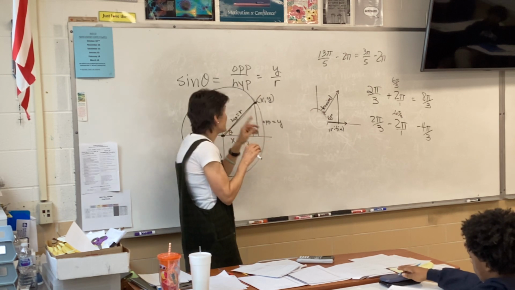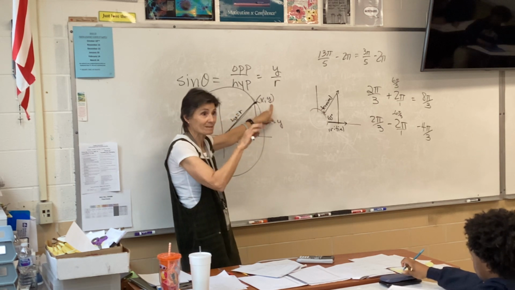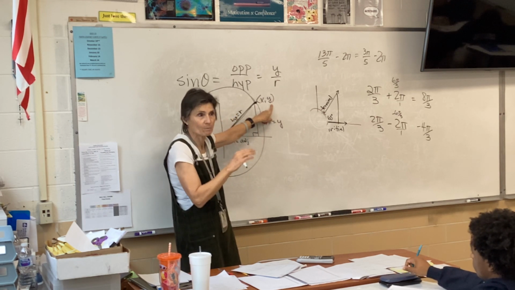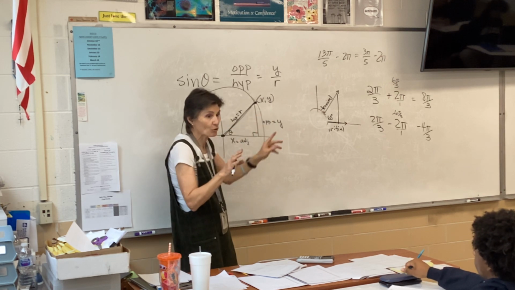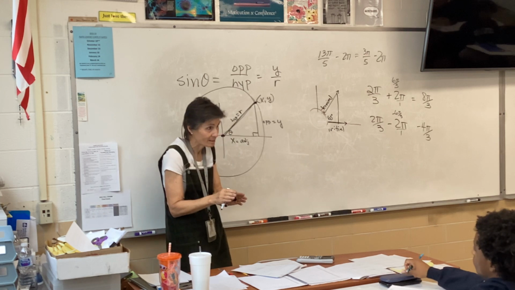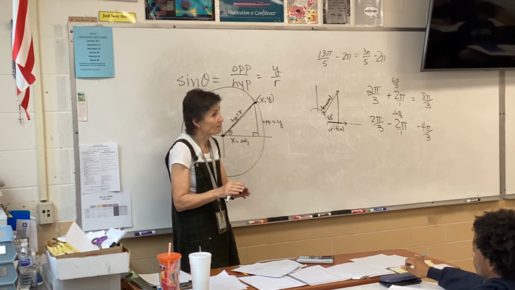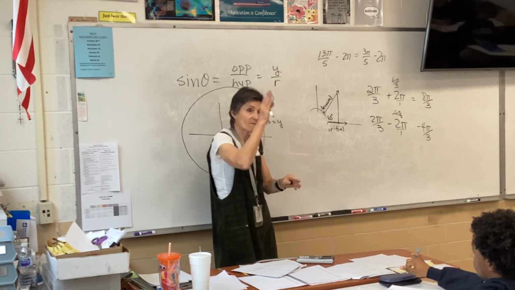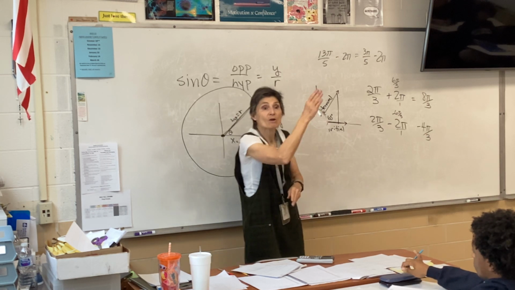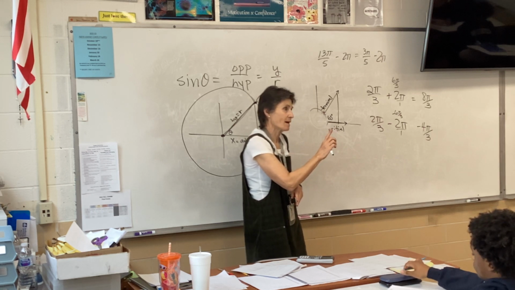Now, is it possible to have points where x or y or both are 0? Is that possible? Yes. And because of that, you're going to run into problems in your definitions because you can have 0 in the bottom. When we start graphing these things, they're gonna be full of asymptotes because there are undefined values, but not the sine and cosine.